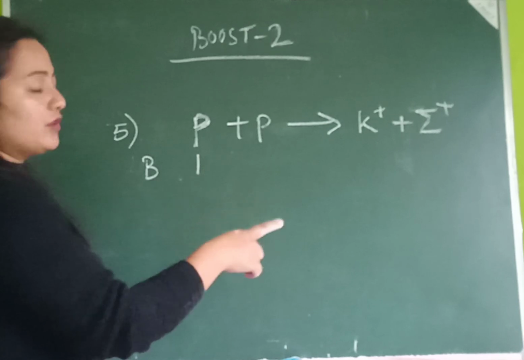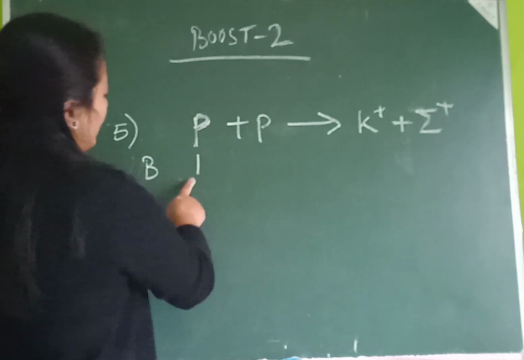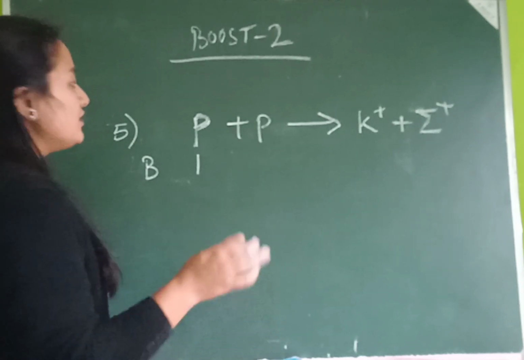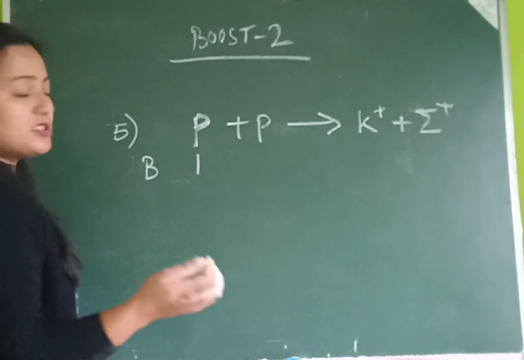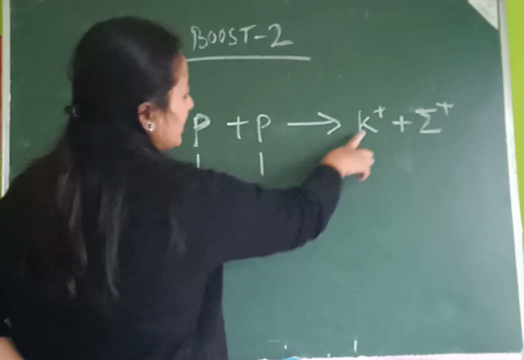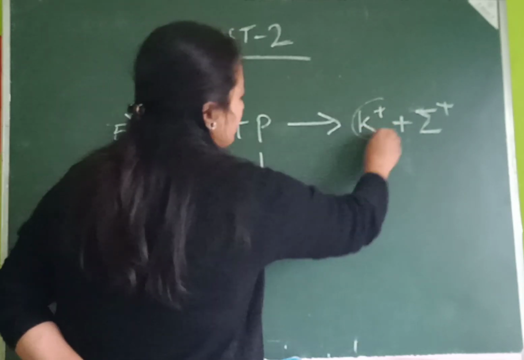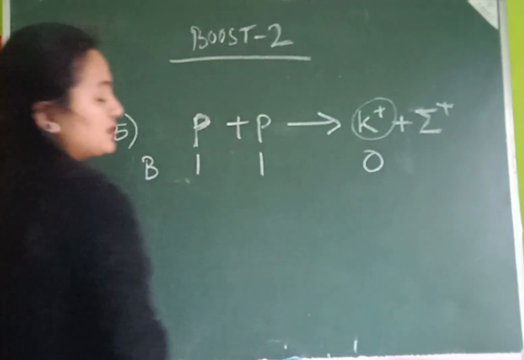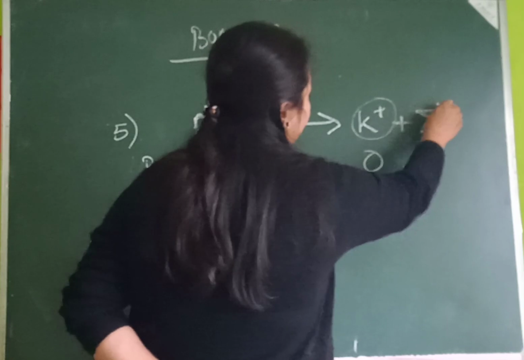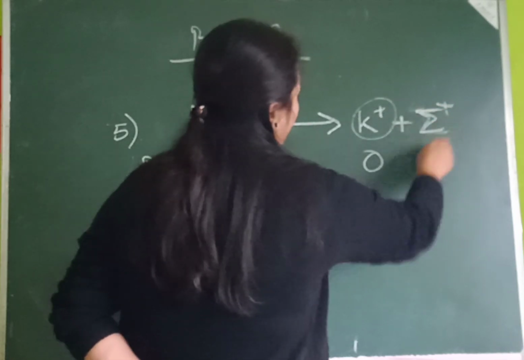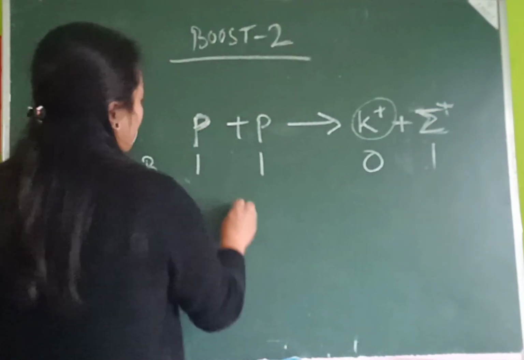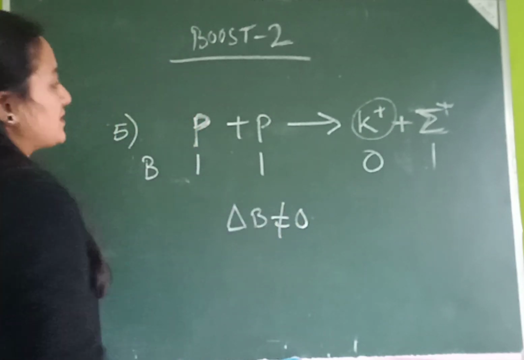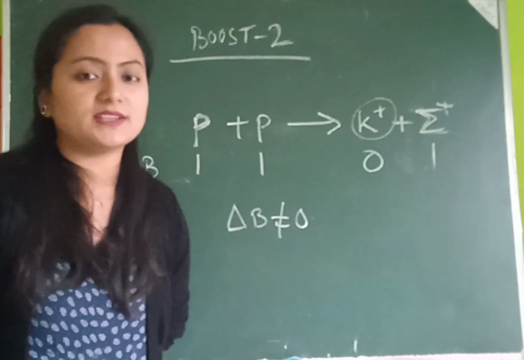For all the baryons, you have your baryon number as 1, and for the antibaryons it is -1, and for the particles which are not baryons or antibaryons, the baryon number is 0. So it's 1 here, it's 1 here. This particle is a meson, hence 0, and sigma is again a baryon, hence 1. So here delta B is not conserved, hence this interaction is forbidden by baryon number conservation.